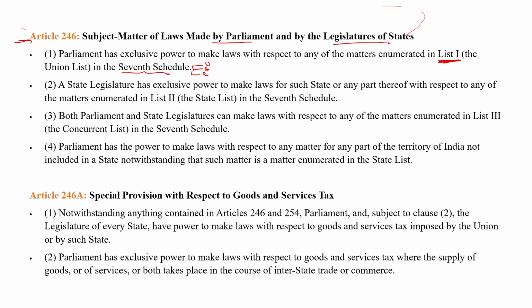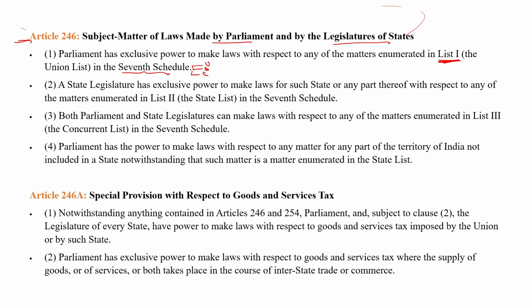In the Union List, the matters are added on which Parliament can make law; the State List explains the subjects on which a state can make law; and the Concurrent List explains the subjects on which both state and center can make law.